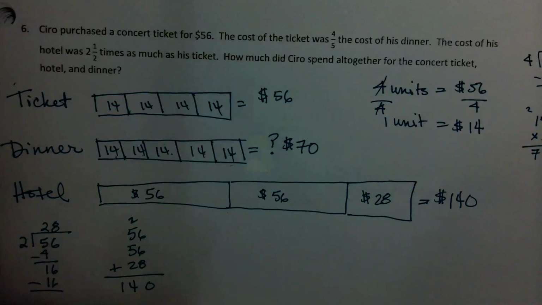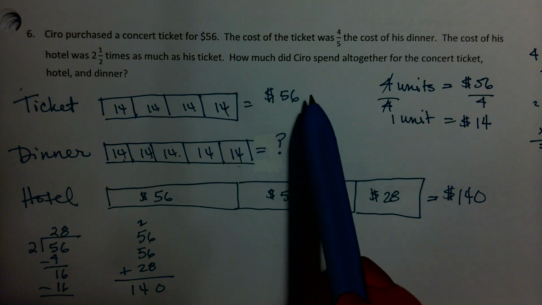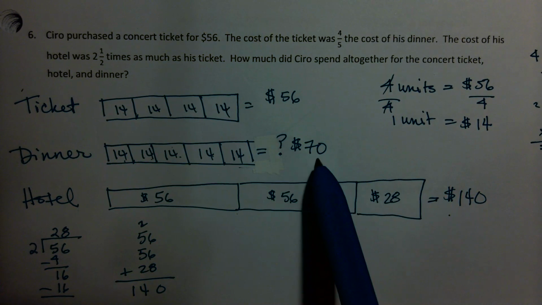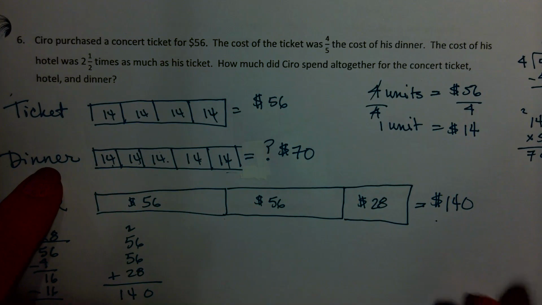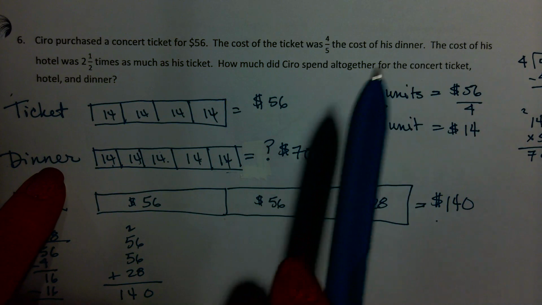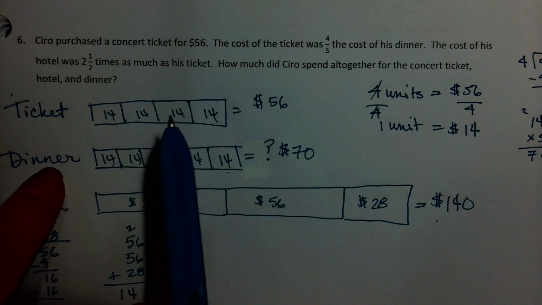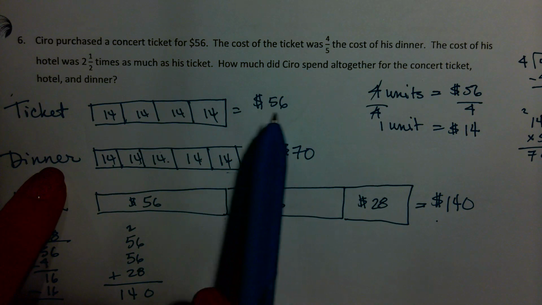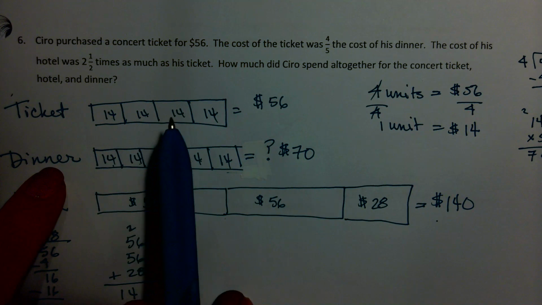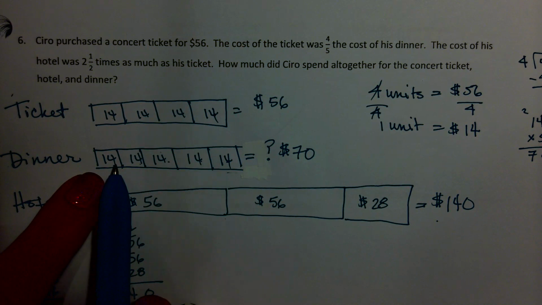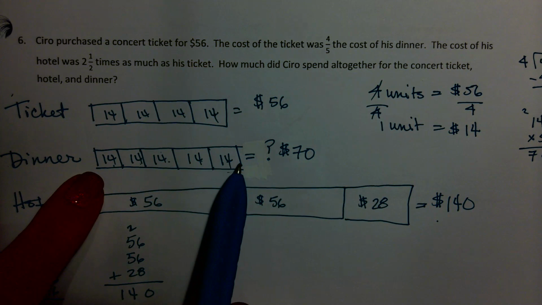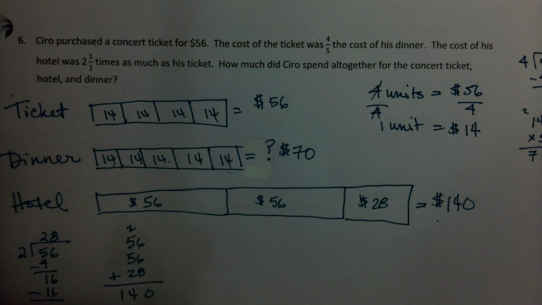So we found out the total cost of the ticket, the hotel, and the dinner. It wasn't until we had to find out the cost of the dinner that we had to go back to the units. 4 units equaled $56, and I'm trying to figure out how much each unit is worth. And if I can find out how much each unit is worth, I know I can use that same number with dinner.